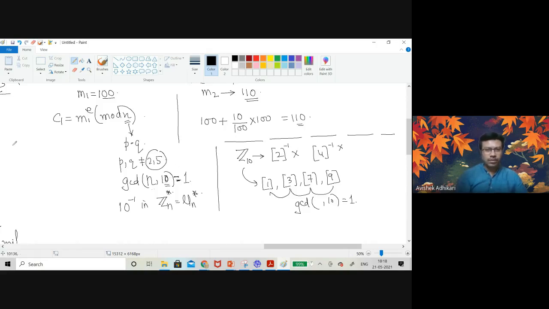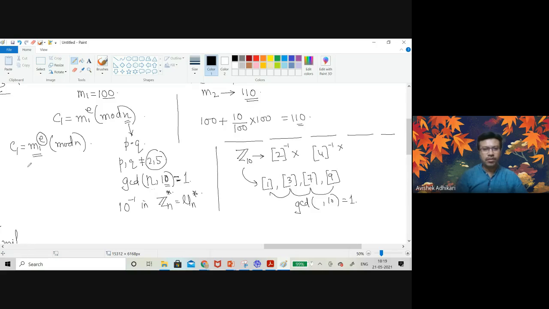Now, you know C1, so C1 is your M1 to the power E modulo n. What you need to do? You know E, you know the inverse, you know how much you want to increase.